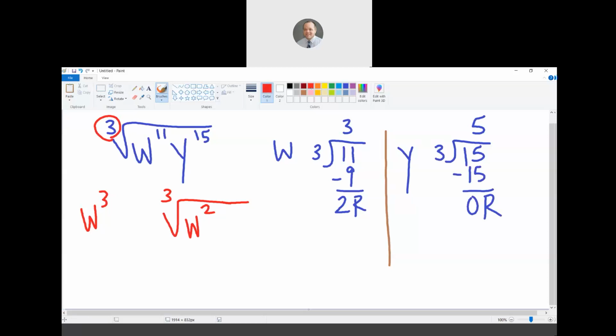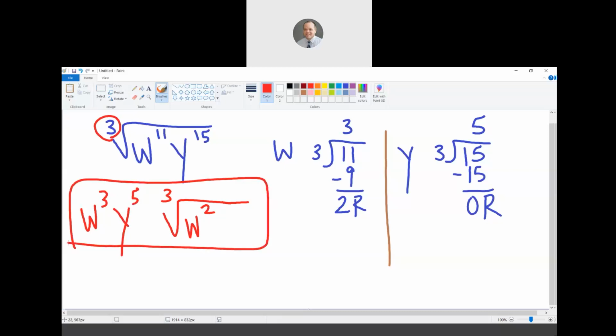That means a y to the fifth will go outside the radical sign. And since we have a zero remainder, that means no y's remain under the radical sign. So this is your final answer.